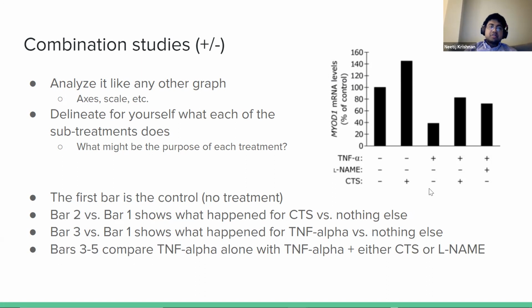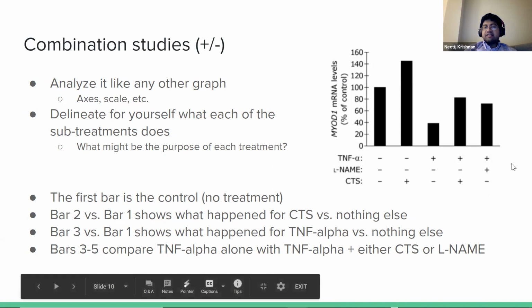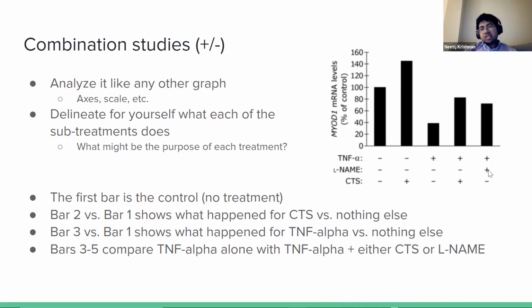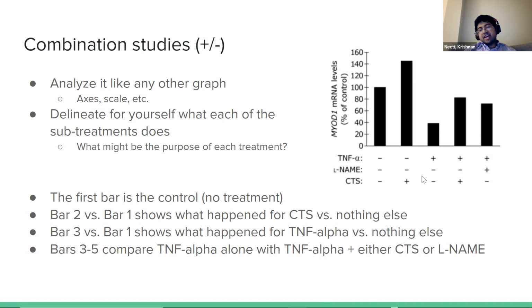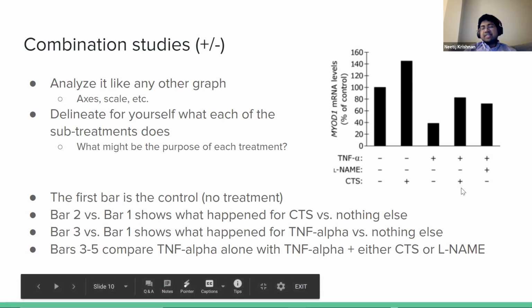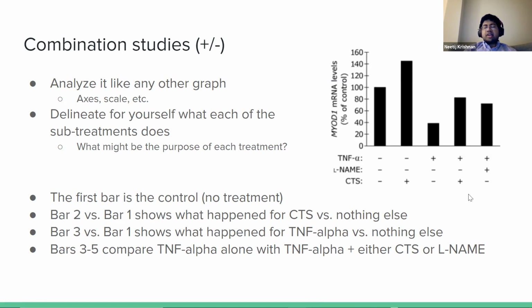And then bars 3 through 5 compare TNF alpha alone, like in bar 3, with TNF alpha plus CTS in bar 4, and TNF alpha plus L-name in bar 5. And so maybe, even without seeing the passage, we might say, okay, this is looking at some sort of synergistic effect, or they're looking at interactive effects between TNF alpha and each of these other 2 things.